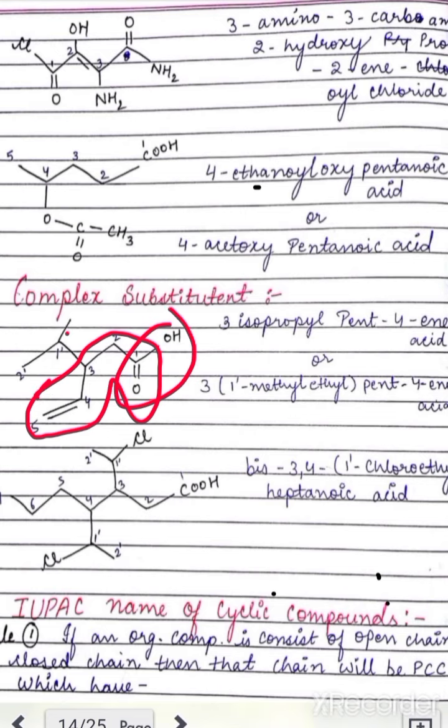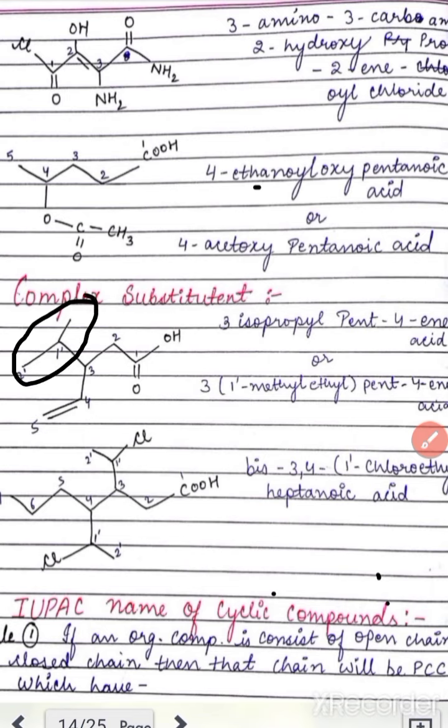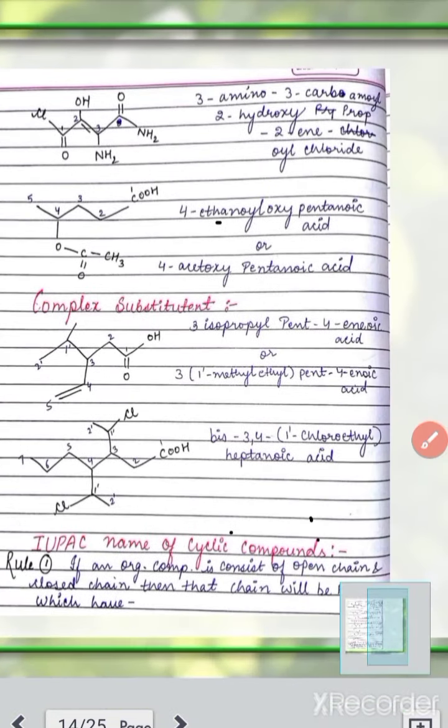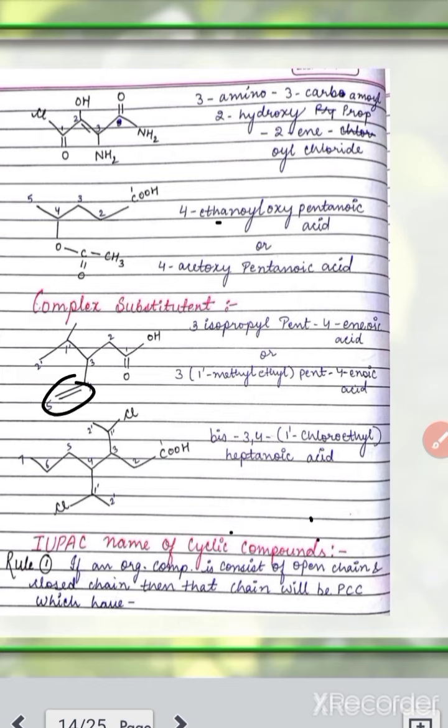Its name could be, first, 3-isopropyl, because this group is an isopropyl group. Pent, because the main parent carbon chain is of 5 carbons. At fourth position we have an unsaturation, so 4-ene and oic acid.